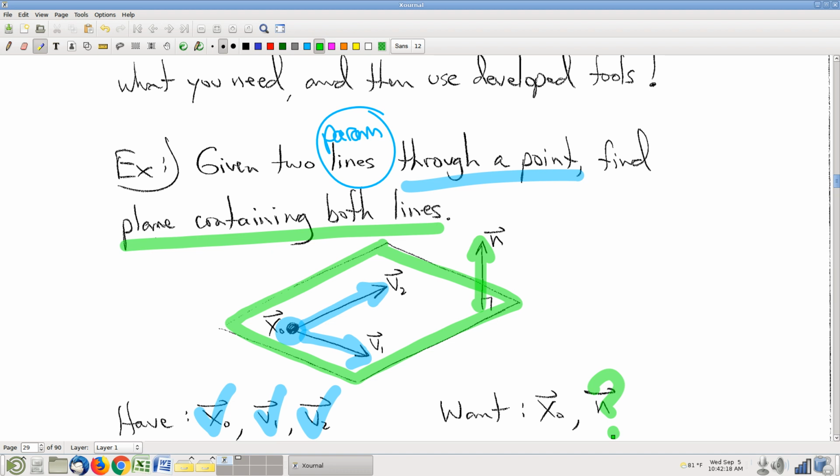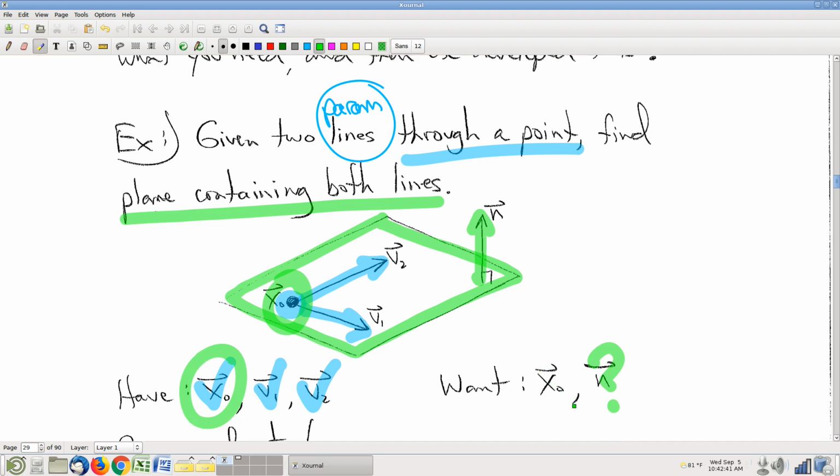And I'm also going to need to find a point in the plane. I'm given a point in the plane, so how am I going to find one? Well, it's obvious, that's a freebie. It was given, so you already have that. No work required. Okay, the big looming question is, how do you find this normal vector?